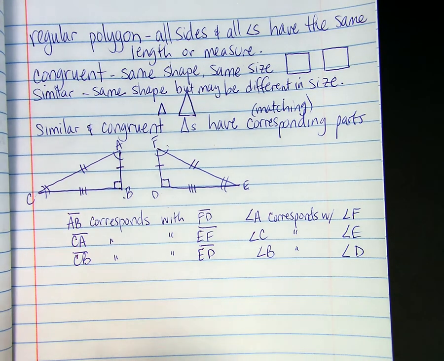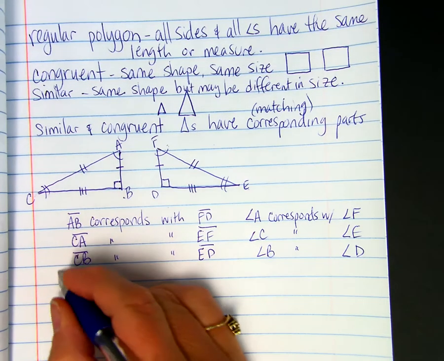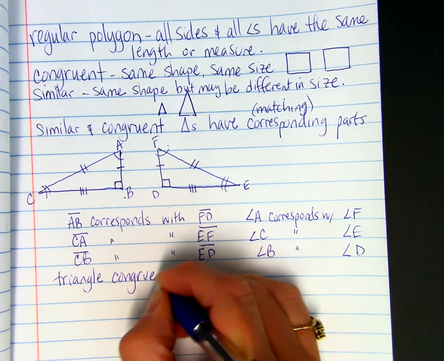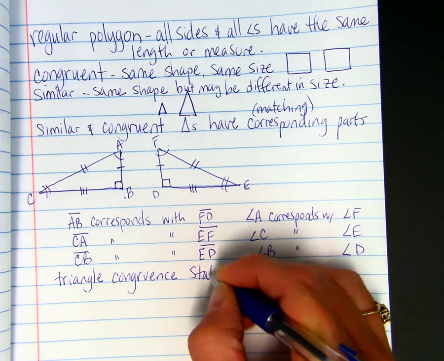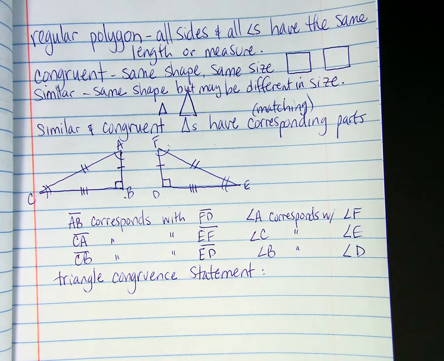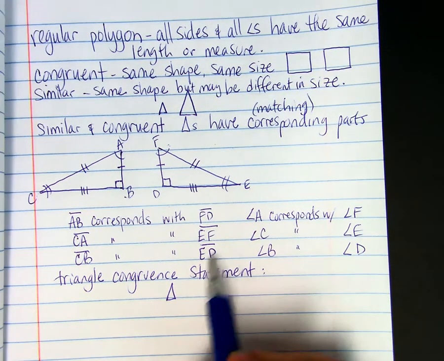Now, if you were to write a triangle congruence statement, this is what it looks like. And you're going to be asked to do that. If it says write a triangle congruent statement, you write your triangle sign, and 3 letters.